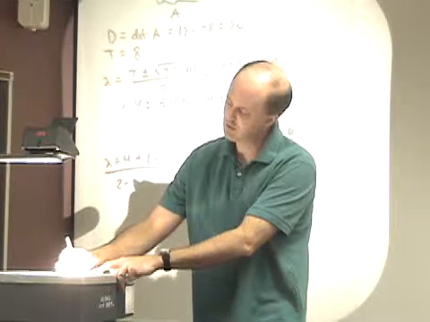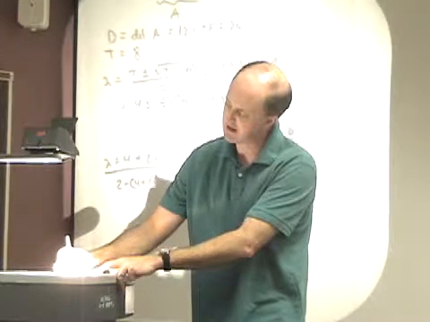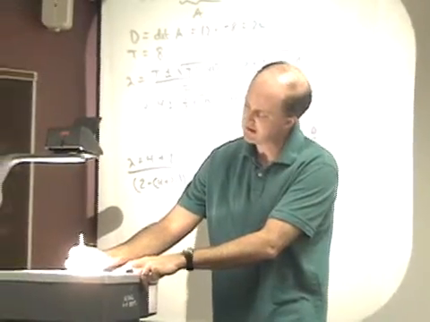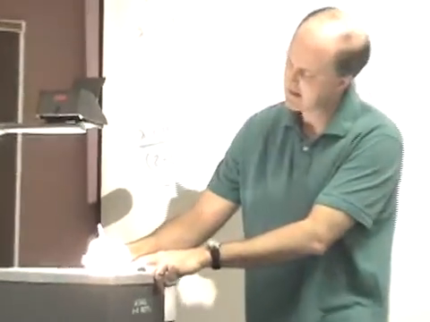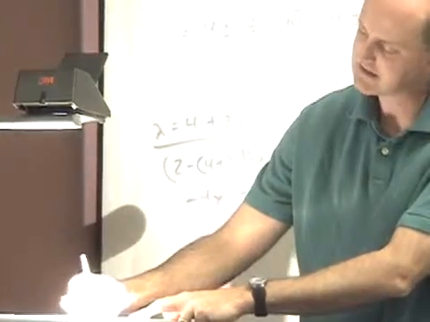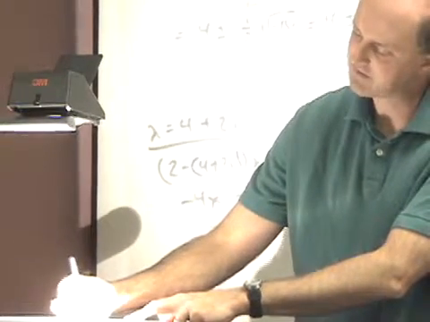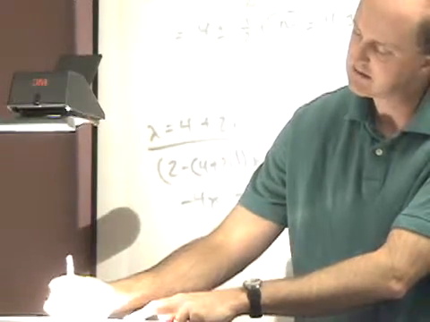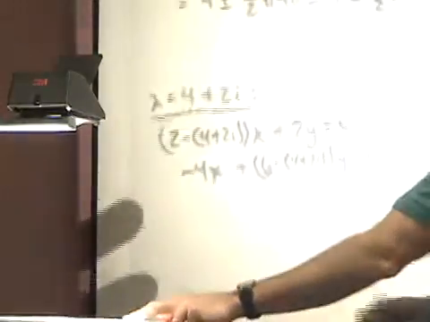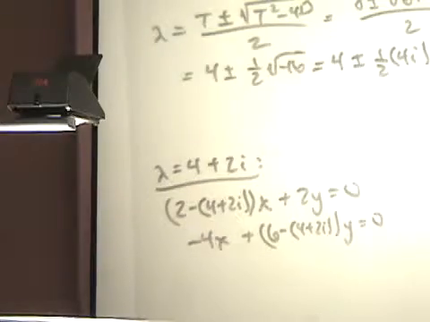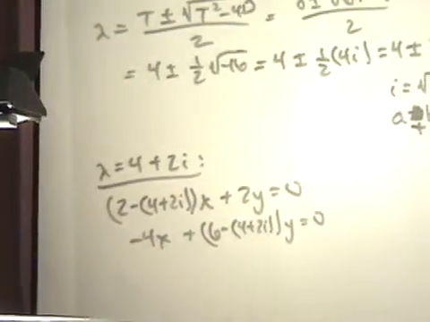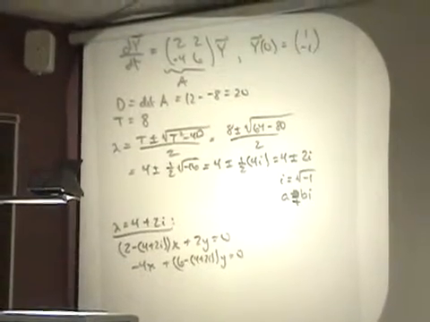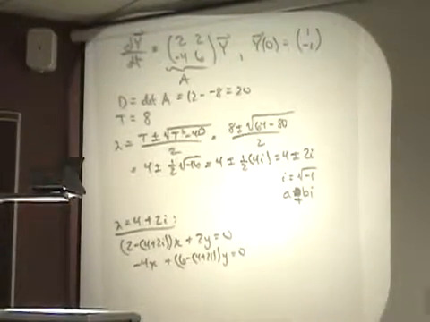So I've got (2 minus (4 plus 2i)) times x plus 2y equals 0, and negative 4x plus (6 minus (4 plus 2i)) times y equals 0. If you compare the matrix at the top with that system of equations, you can see that I have done what we usually do, though it's more complicated looking.